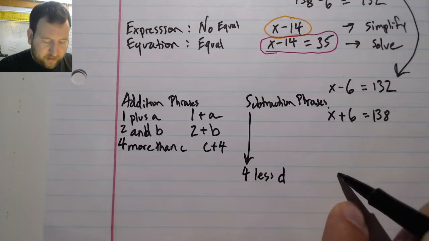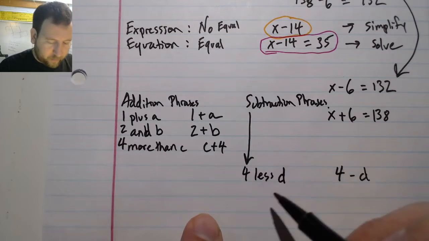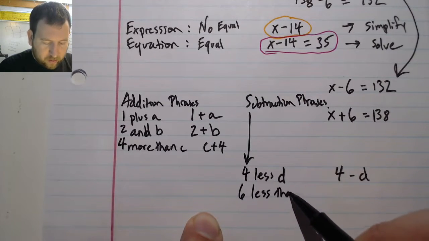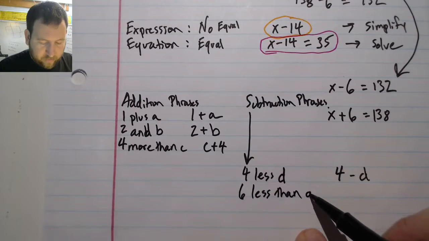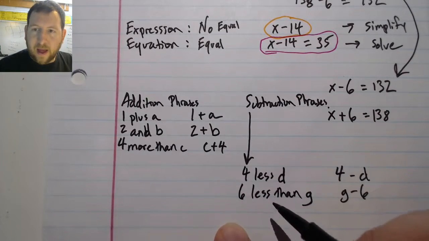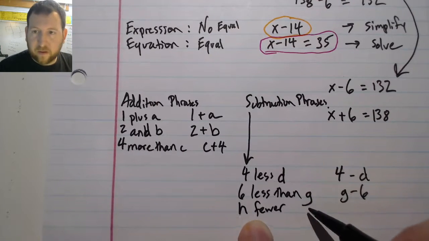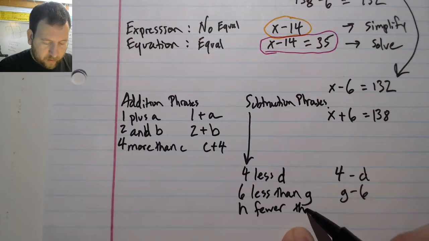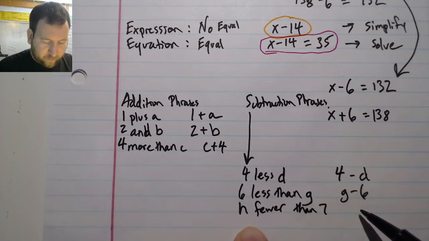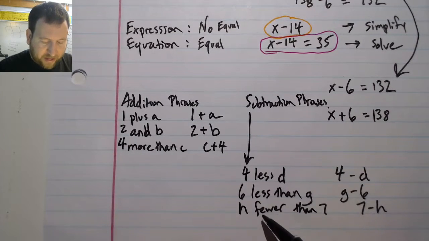I can say that is 4 minus d. 6 less than g is going to be g minus 6. And h fewer than 7 is going to be 7 minus h, because we are h fewer.